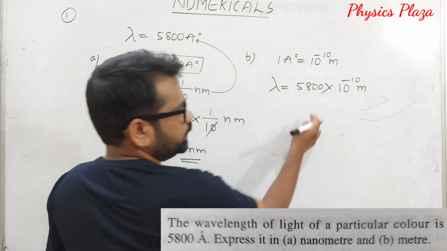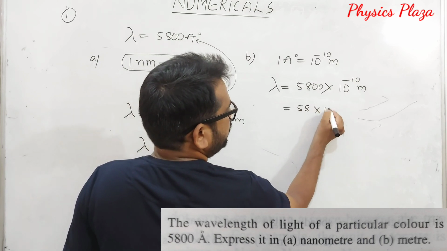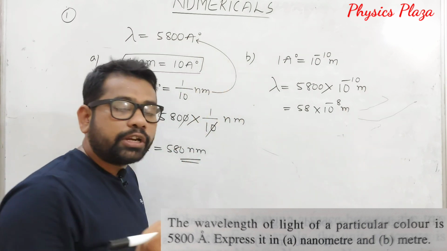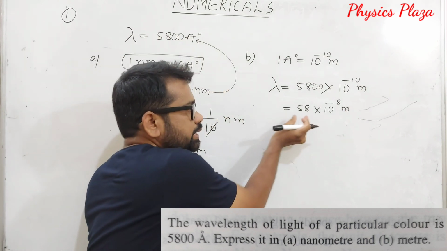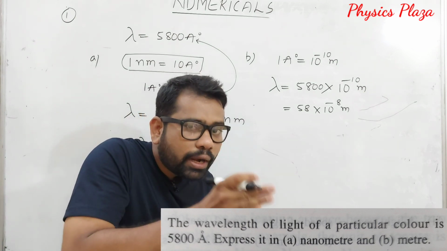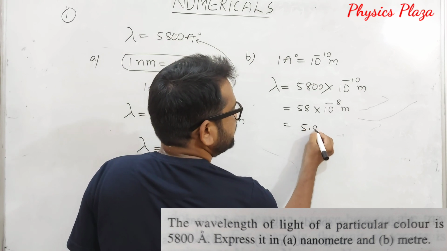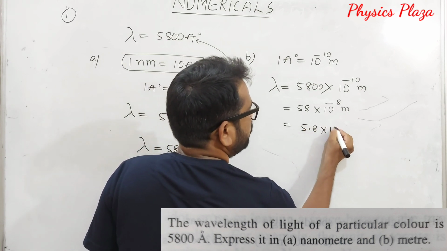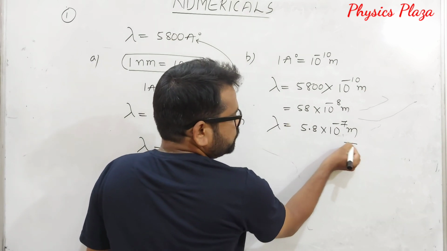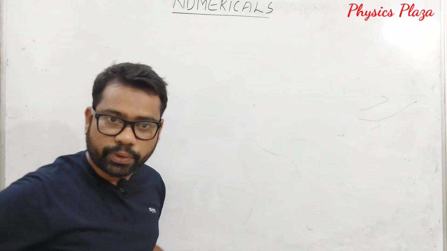This can be written as 58 into 10 power minus 8 meters. But according to order of magnitude, this number should be written between 1 and 10. So this can be written as 5.8 into 10 power minus 7 meters. This is its value in meters. Just copy it. Now we will do the second numerical.